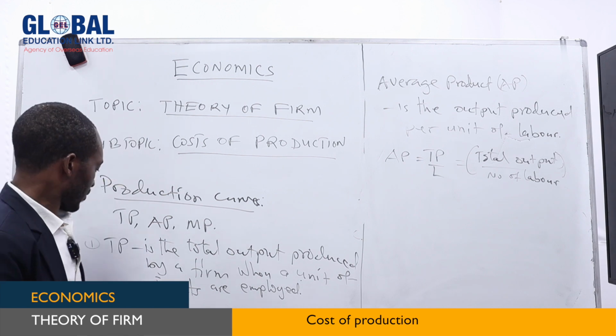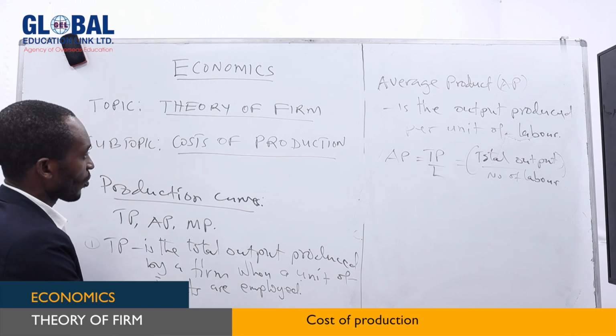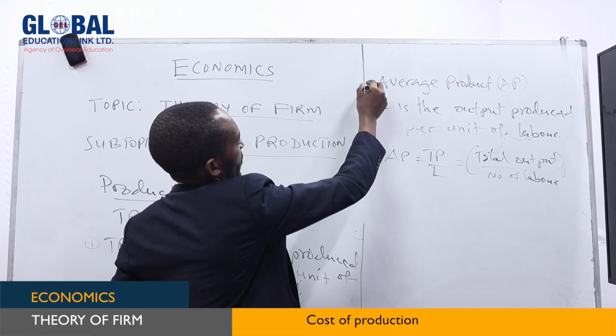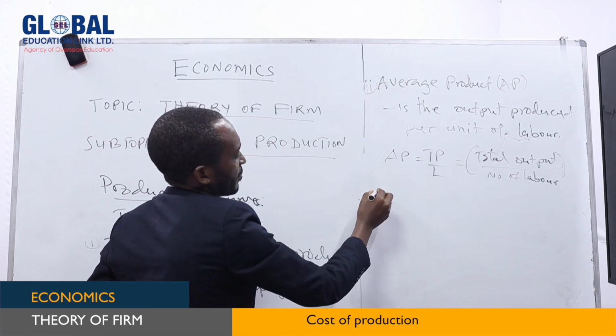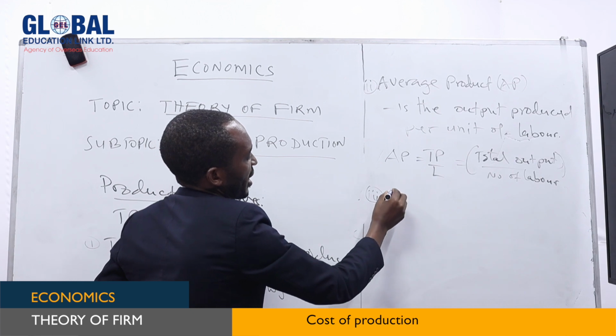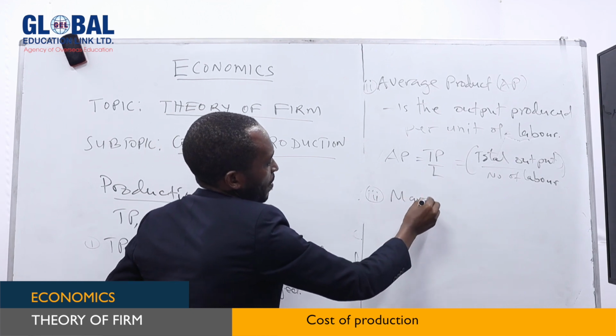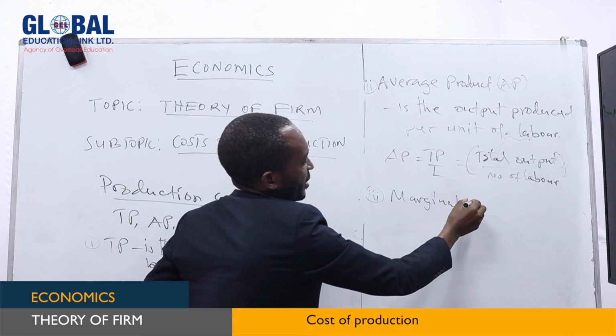Then this is Roman 2. Roman 3 is marginal product.